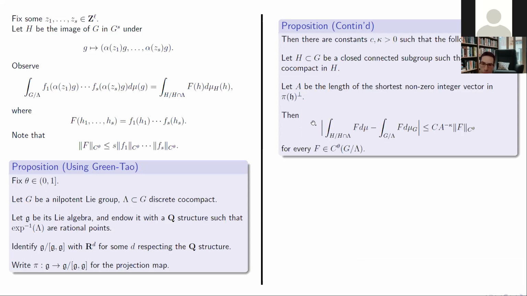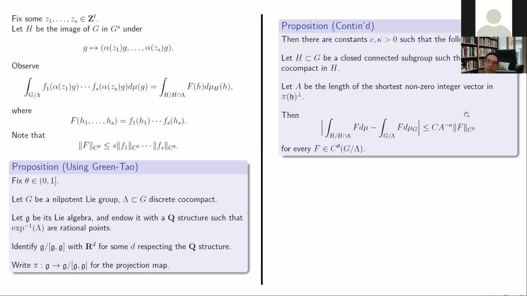Okay, so then the conclusion is that if you take a test function on G mod lambda, then if you look at its integral with respect to the Haar measure on H, so you integrate it on the subnilmanifold, this is supposed to be mu H, and you compare it with the integral on the full nilmanifold, then you can estimate this difference by A to the minus kappa times the Hölder norm of the test function.